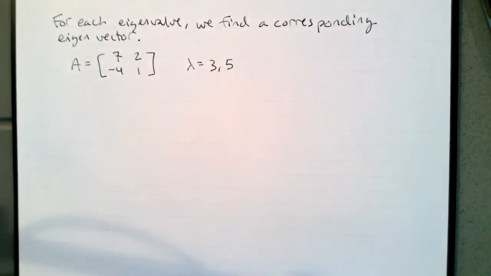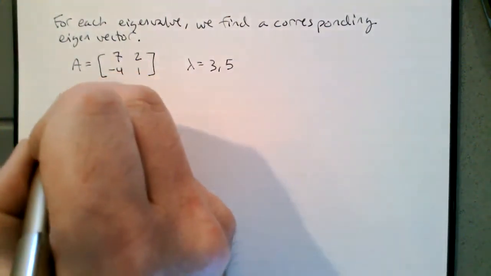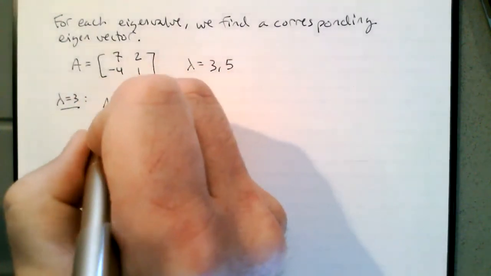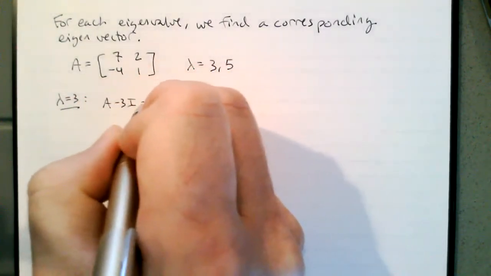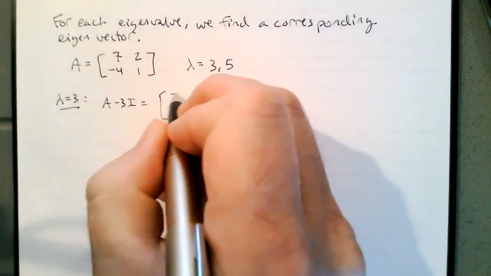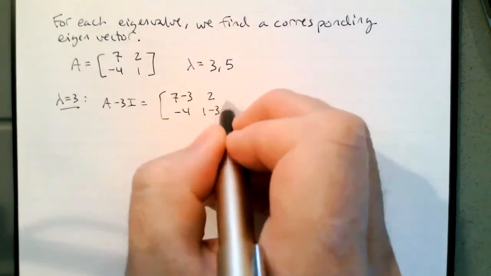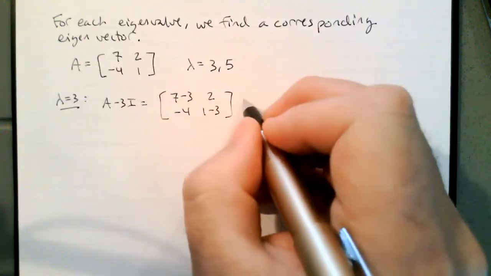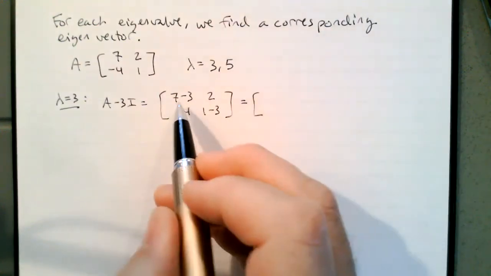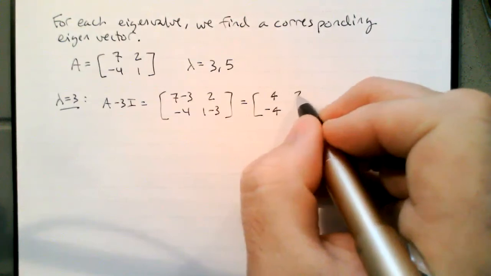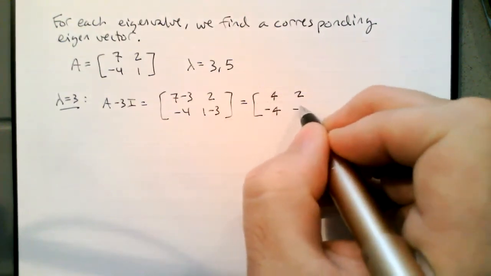So for lambda equals 3, A minus lambda I is going to be 7 minus 3 and -4, and then 2, and then 1 minus 3. So that's going to be the matrix 7 minus 3 is 4, negative 4, and then 2, negative 2.